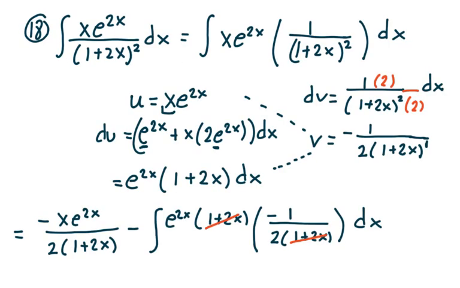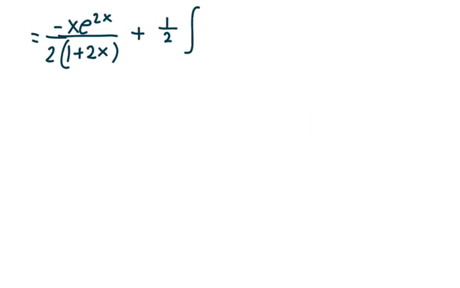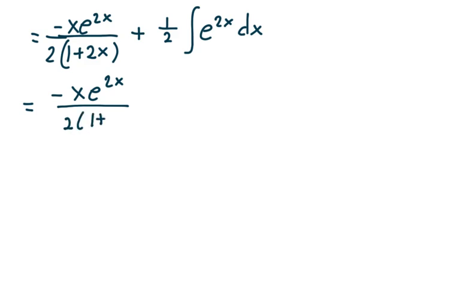I'm pulling out that 1/2, and then all I'm integrating is e to the 2x dx. And so when I'm done, I get negative x e to the 2x divided by 2 times 1 plus 2x plus 1/2 of, and it's 1/2 e to the 2x plus c.